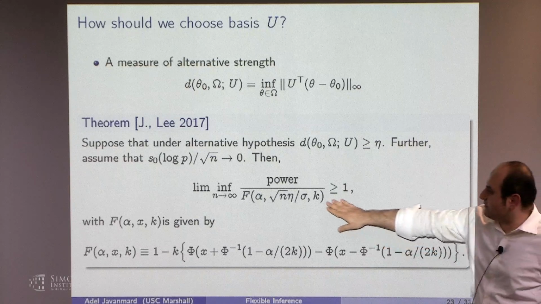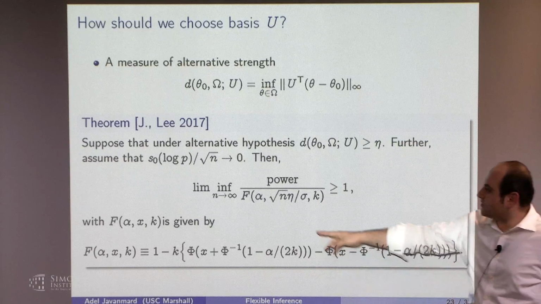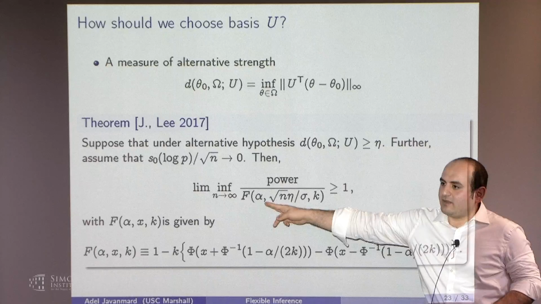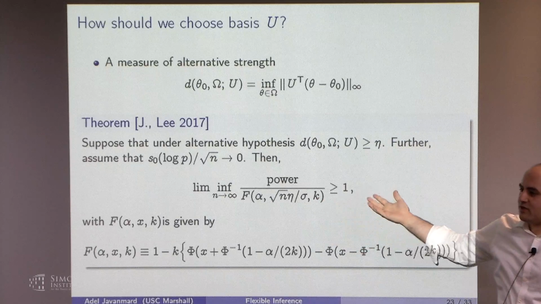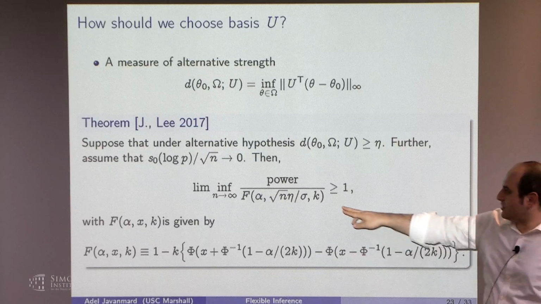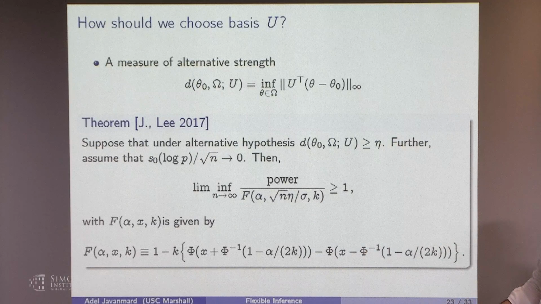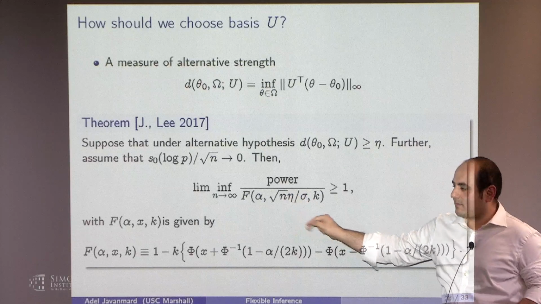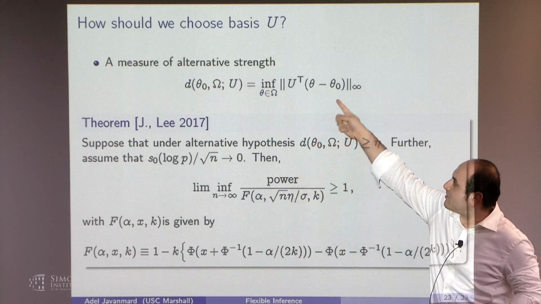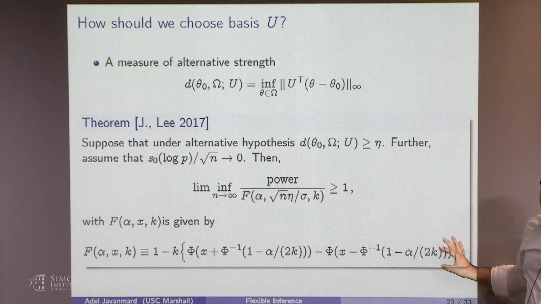It's given by some function f. It has 3 arguments. The first one is alpha, the level of false positive rate that you have. The last one is k, the dimension of the space U, the space in which you are basically doing your test. And then here, this is the signal to noise ratio, basically. So eta here is the strength of the alternative. And this is the function given for the power.